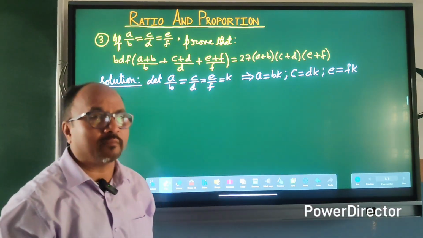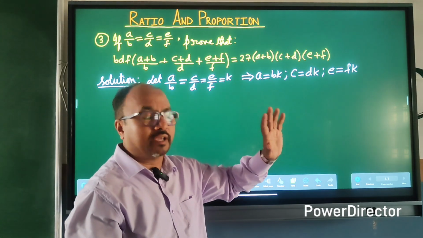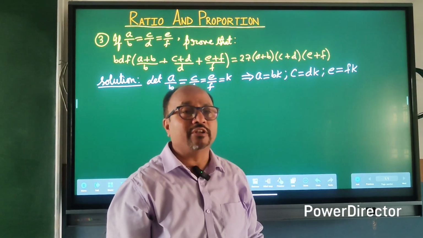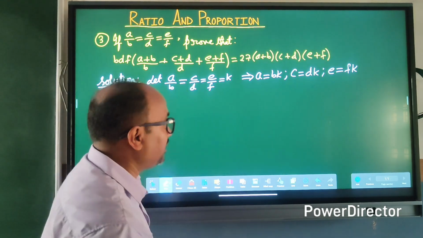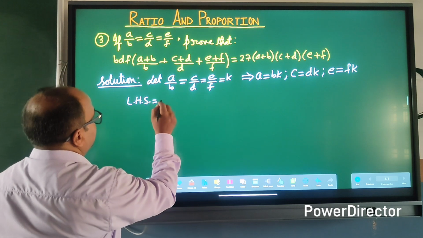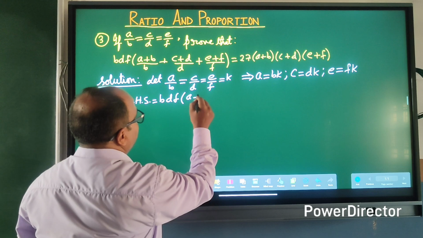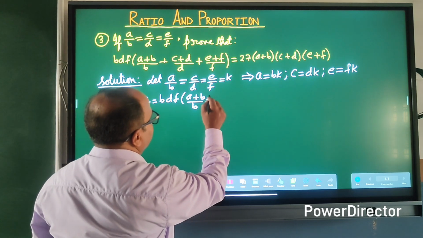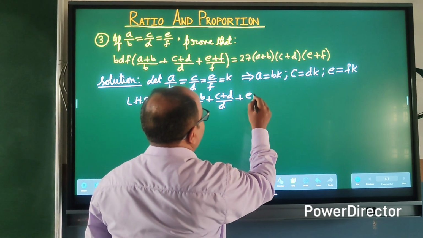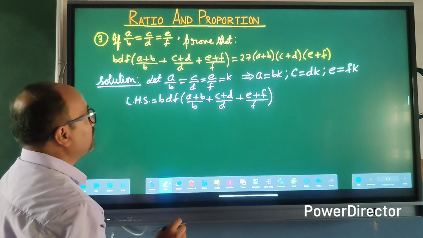So when we do the sum, taking the LHS, wherever A is coming, we will substitute it with BK. Where C is coming, we will put DK, and where E is coming, we will put FK. So let us take the LHS part: BDF, then (A plus B) by B, (C plus D) by D, and then (E plus F) by F. Now let us substitute the values.